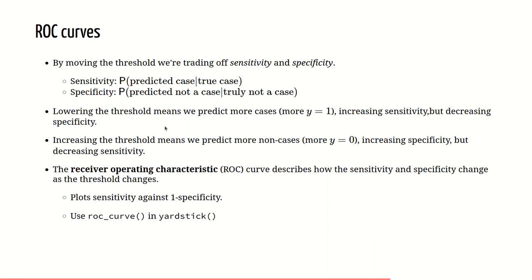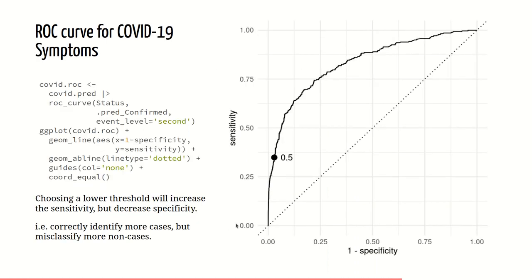And there's this thing called the receiver operating characteristic, which describes how the sensitivity and specificity change as the threshold changes. Okay, and it's usually plotted using sensitivity against 1 minus specificity, and there's the ROC curve in the yardstick package to do so. And you get a curve that looks like this, right? So this is from our COVID data.